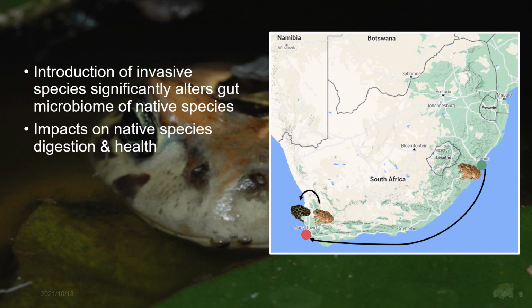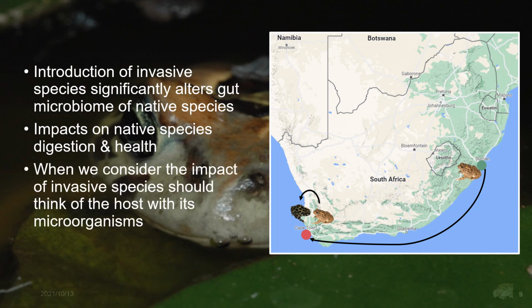But I also want to mention that our study is very superficial. Hopefully, we would want to investigate the direct impacts of these gut microbiome shifts on western leopard toads' phenotypes, but this might be a bit difficult because they're threatened, so we are not able to conduct any experimental studies on them.